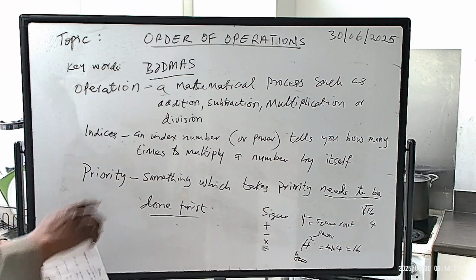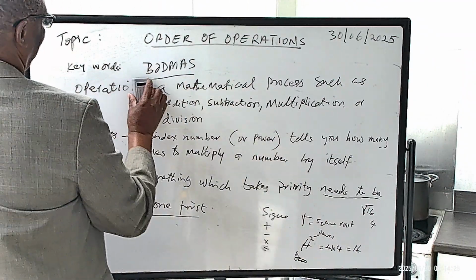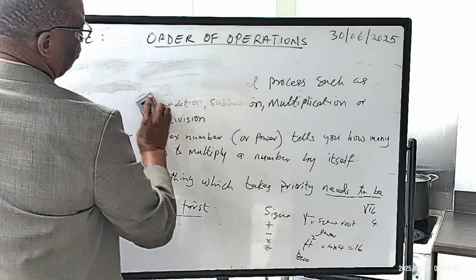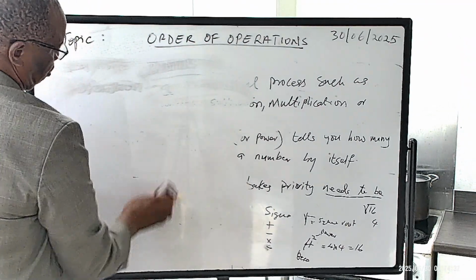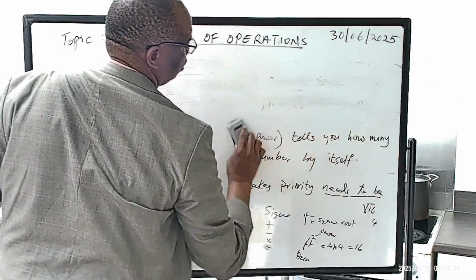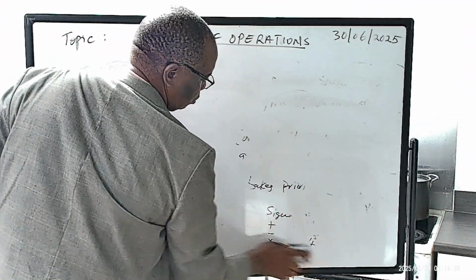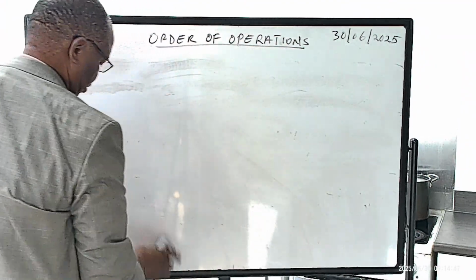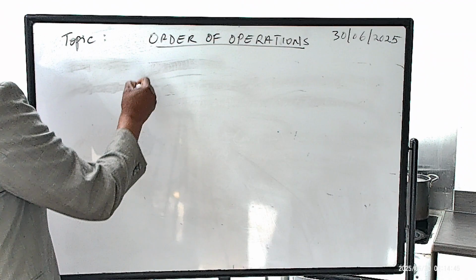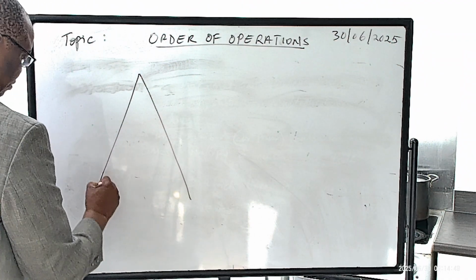So let me wipe this. I'm going to draw a triangle and we'll represent BODMAS with that triangle. Now, let's bring out this big triangle to represent BODMAS.